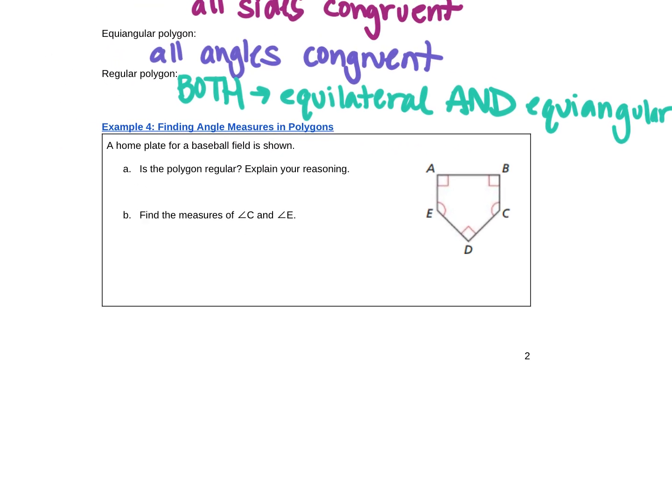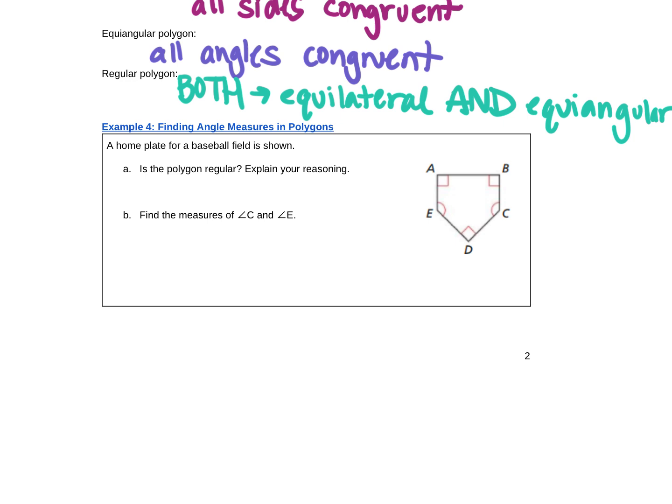In this example, they want to know: a home plate for a baseball field is shown below. Is the polygon regular? Well, for a polygon to be regular, it has to be equiangular and equilateral. We can see that it looks like it's got 3 90-degree angles, but it definitely has 2 obtuse angles.